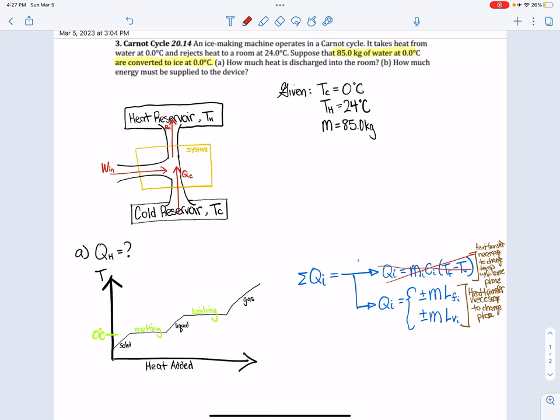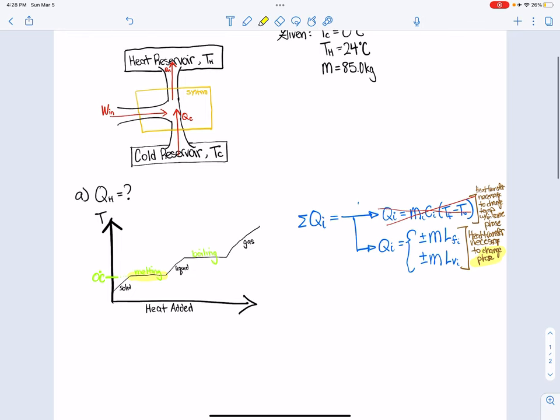We have water at 0 degrees Celsius to start, and the final is ice also at 0 degrees Celsius. So all we really have is a change of phase, right? So we are just here at this melting point, that horizontal line, 0 degrees Celsius.